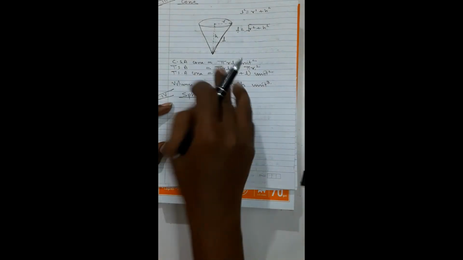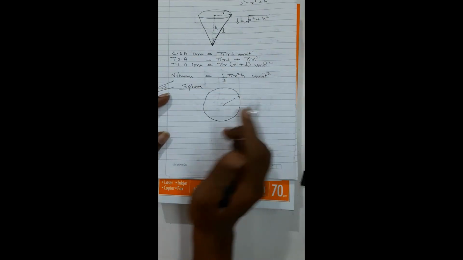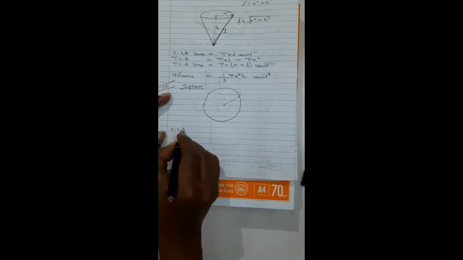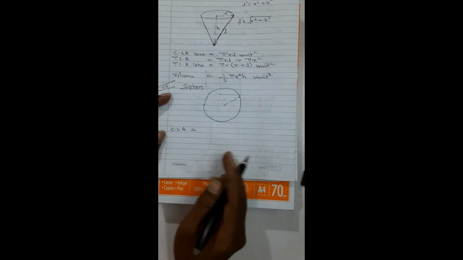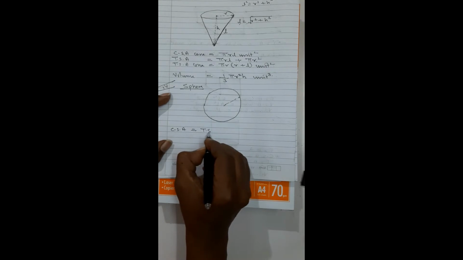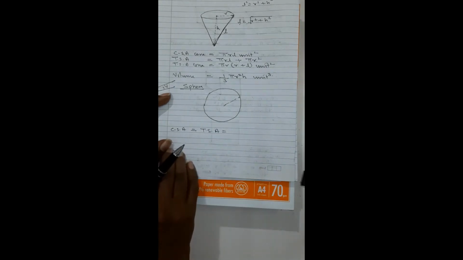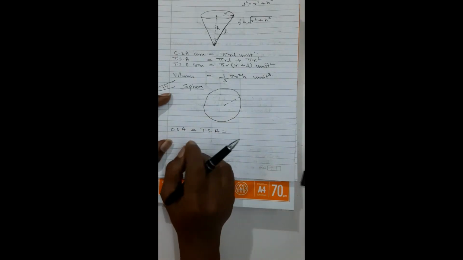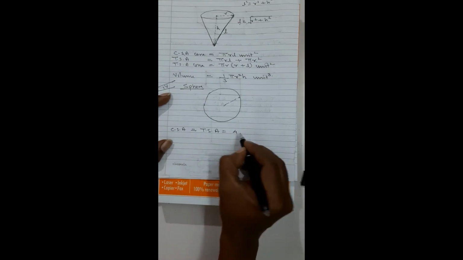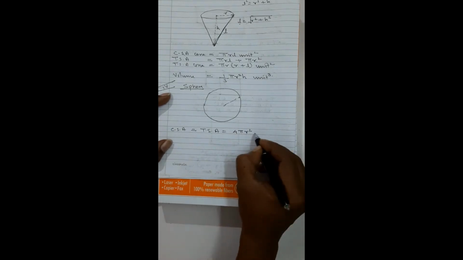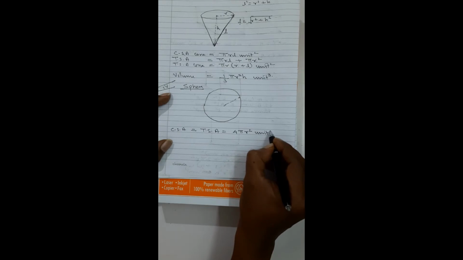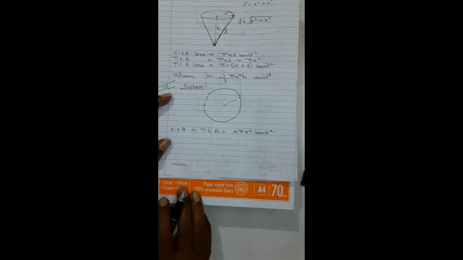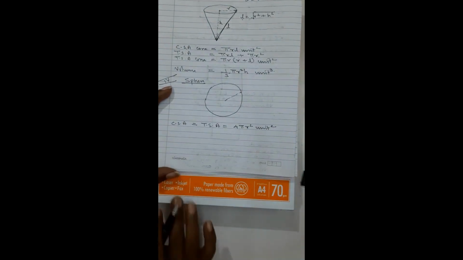There is no flat surface area. There is only a curved surface area, and the curved surface area is the total surface area. There is no other thing. The curved surface area of the sphere is the total surface area of the sphere, which is equal to 4 pi r square unit square. That's all when it comes to sphere.